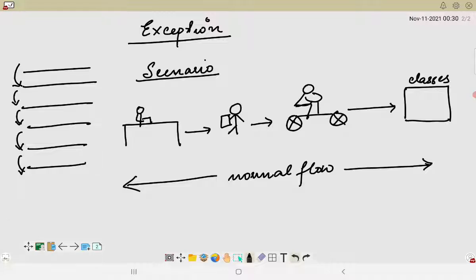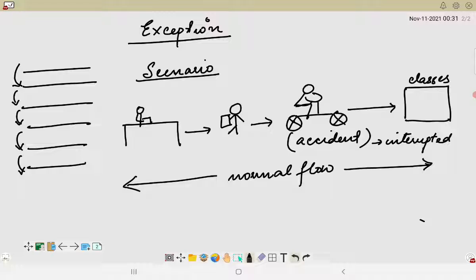Now suppose that during the normal flow of his daily activity, he got his tire punctured, or let's say he met with an accident. When he meets with an accident, his normal flow gets interrupted. That means either he will reach his classes very late, or he might not reach at all, because he might have to go to the hospital or something like that.